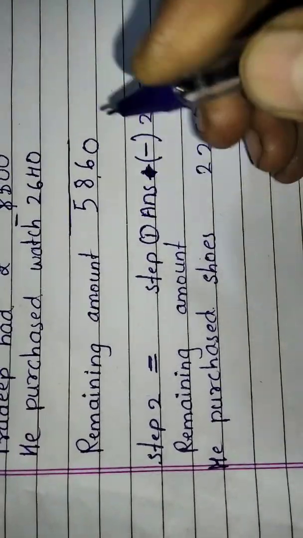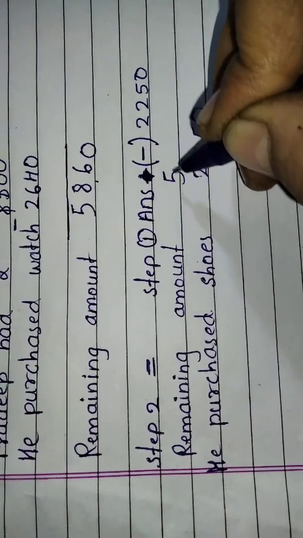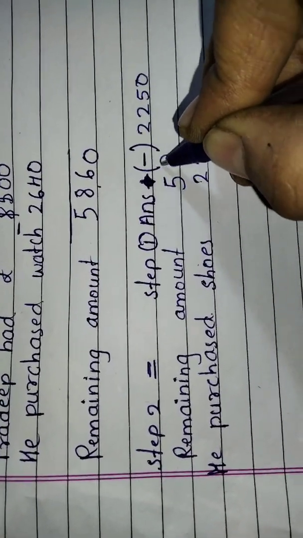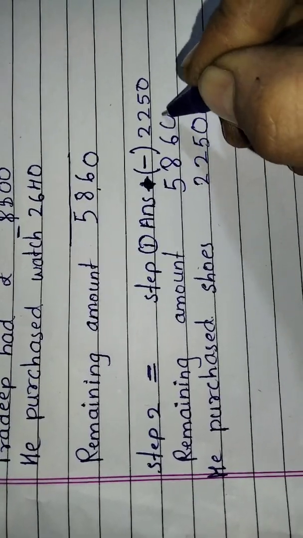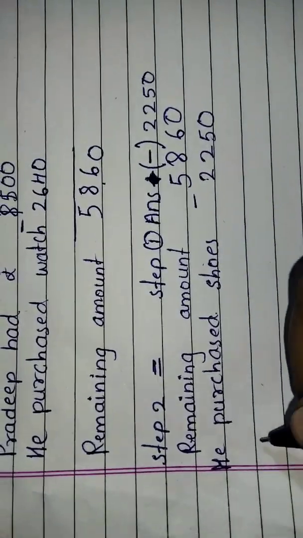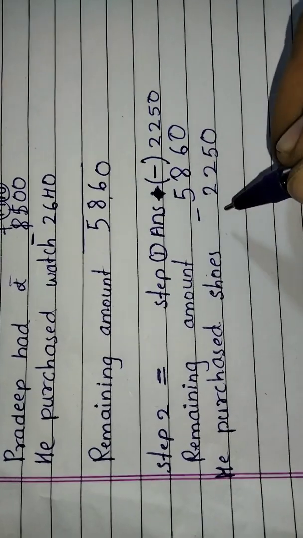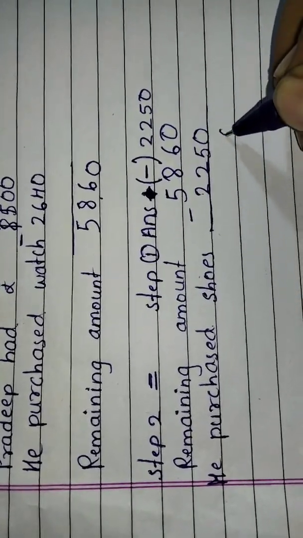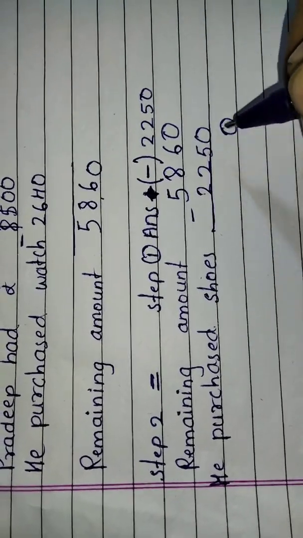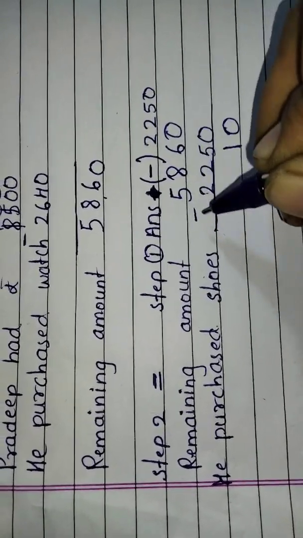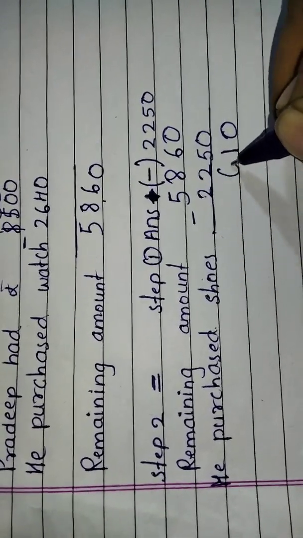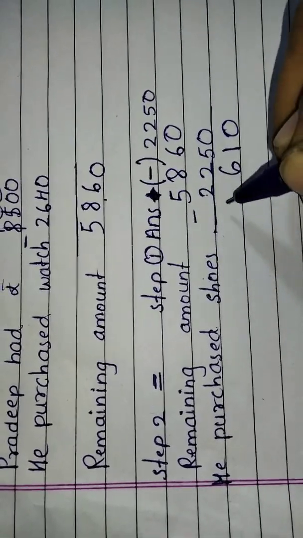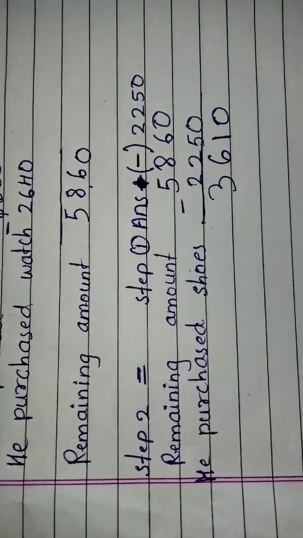Remaining amount is 5,860 minus he purchased shoes. Again he purchased the shoes. 0 minus 0, 0. 6 minus 5, 1. 8 minus 2, 6. 5 minus 2, 3. Okay.